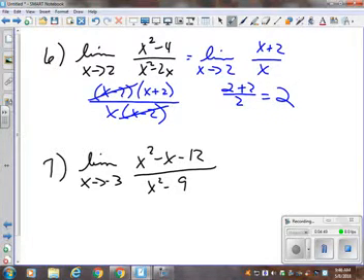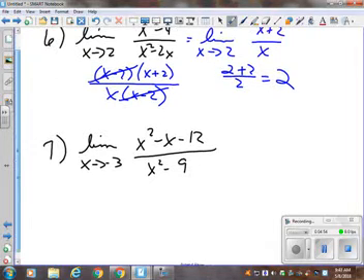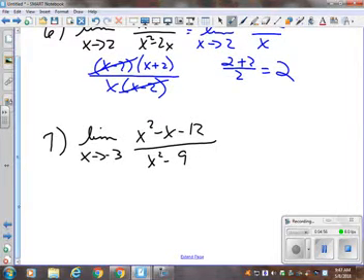Because 2 plus 2 is 4, and divided by 2 is 2. Too many 2's in that problem. So if it's a hole, you can evaluate it. If it's a vertical asymptote, you'll have to go back and look at the graph or do a table. That would be your only two choices.